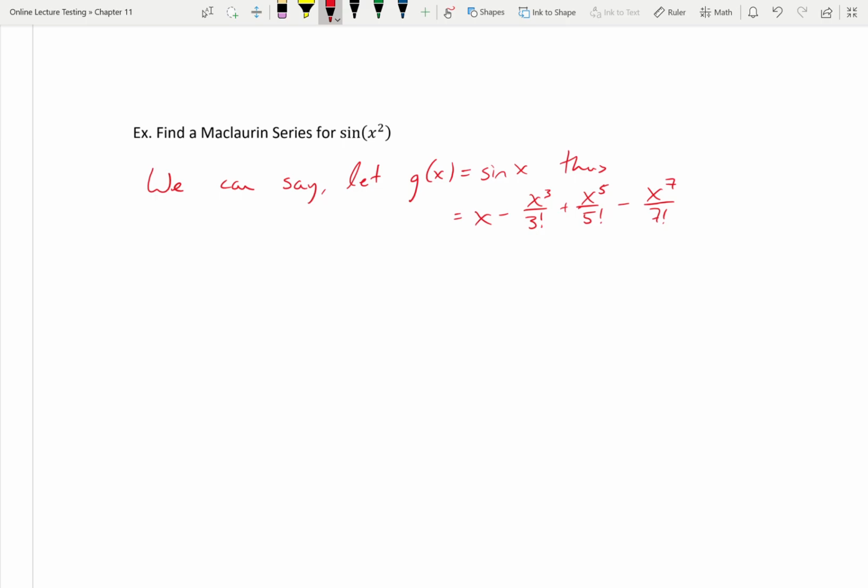Now, because sine of x squared is equal to g of x squared, we can substitute x squared for x into our series.